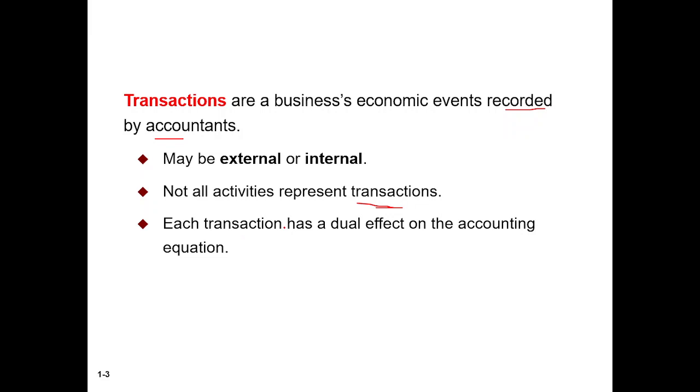We used the accounting equation in the previous lecture: assets equal liabilities plus owner equity. That is the basic accounting equation. And there is also another equation, the expanded accounting equation. Any transaction that has an effect on the accounting equation will be recorded by the accountant of the company.